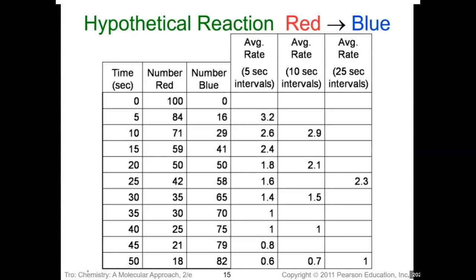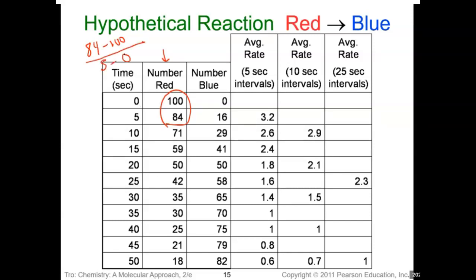Okay, so now here's where you need your calculator because you need to prove to yourself what I'm doing is true. Okay, so remember, if we're looking at red to blue, if we want to look at the rate with respect to red, so if we look at, for example, these first 5 seconds, red goes from 84, so it was 84 minus 100, that's our change in red, and our time was 5 minus 0.